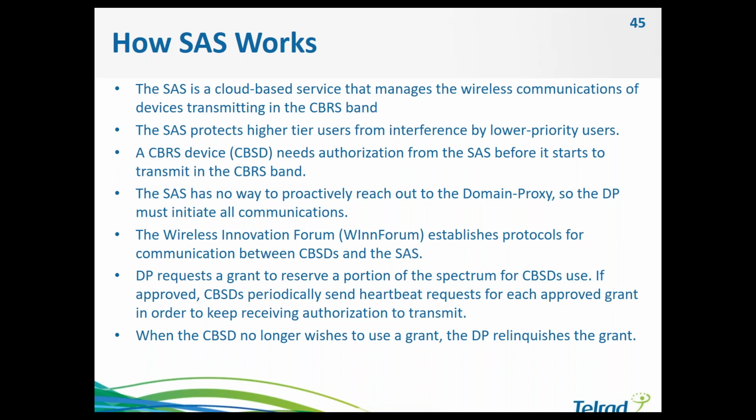A CBRS device is called a CBSD and needs to be authorized by the SAS before it starts transmitting. This is one of the rules of the standard. You cannot transmit if you do not have the grant. This is very basic. There is a little exception to that, which is for the CPE, because the CPE, in order to transmit, needs to receive the grant.